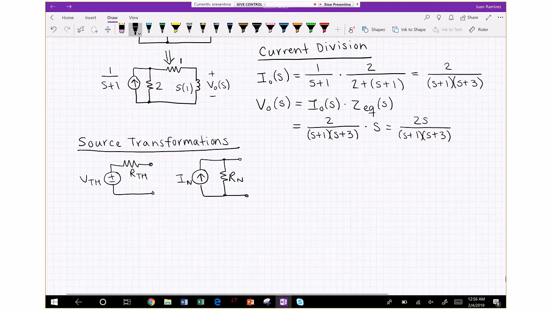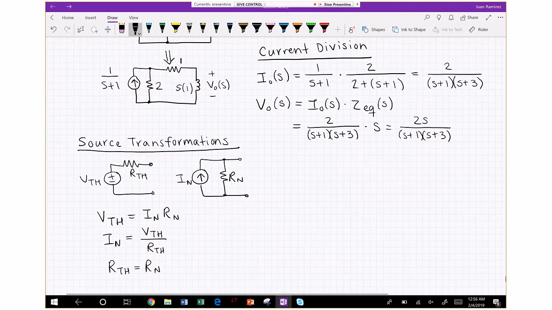And you could go from one to the other using the following relationships. Well, it turns out we can do the same exact thing with impedances and in the S domain.